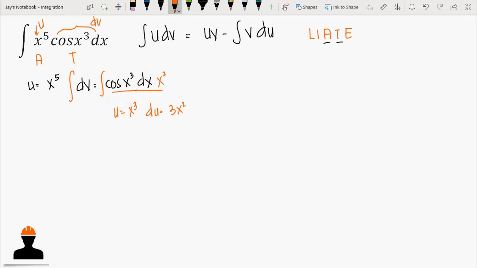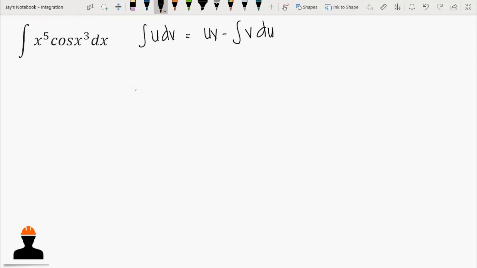So how are we going to evaluate this one? In this case, we can actually break x raised to the 5 into two terms. Since we need x squared beside cosine x cubed, we can separate x to the 5th into x cubed times x squared cosine x cubed dx.